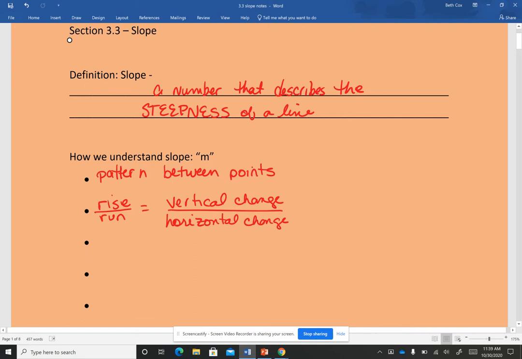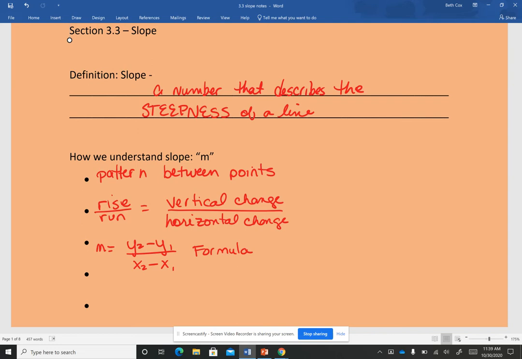And when we're talking about slope, some people might remember the formula y2 minus y1 over x2 minus x1. This is our formula. And that goes straight to the vertical change over the horizontal change, because change generally means subtraction, and vertical are your y moves.